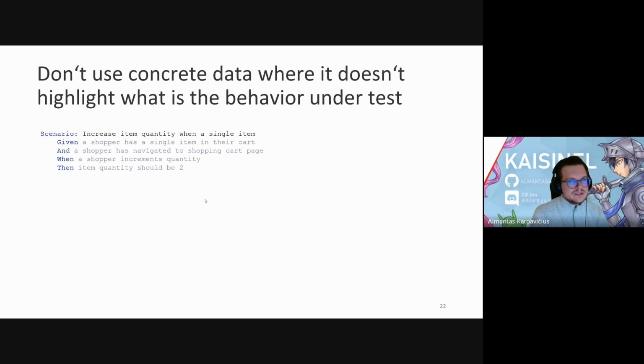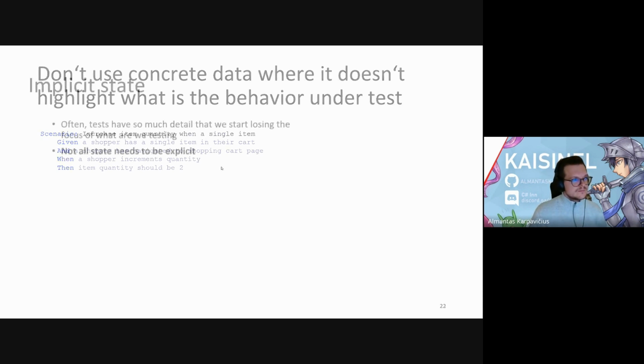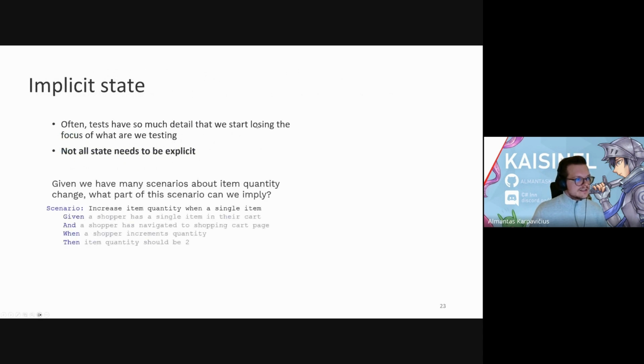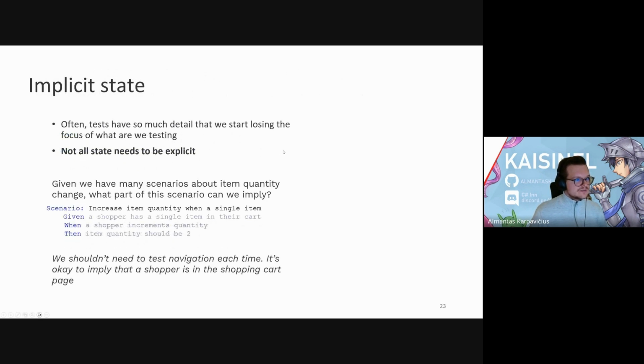Or could we imply that we are in the shopping cart page as we are focused on testing different behaviors of incrementing and decrementing? In this case, you don't really need to; you can imply that you are in that page. It doesn't have to be repeated every time you write a scenario. So we can move it.